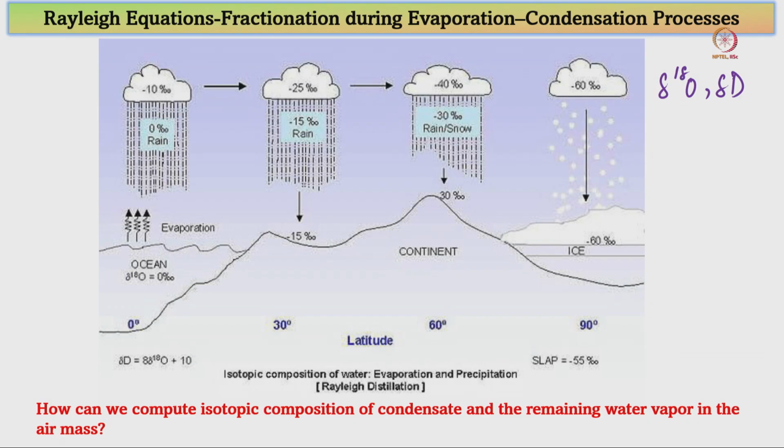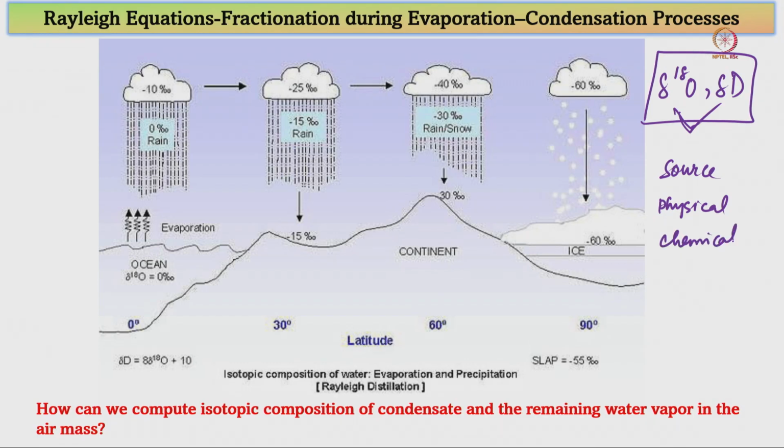So, what kind of physical processes are happening that control these two isotope compositions? By measuring these two values, we get a lot of information, starting from the source to all the physical and the chemical processes and even biological processes.